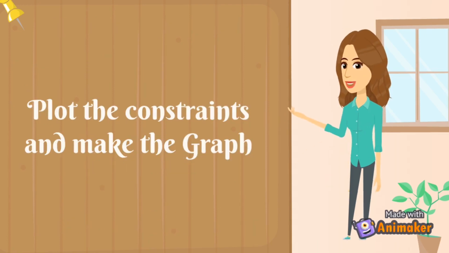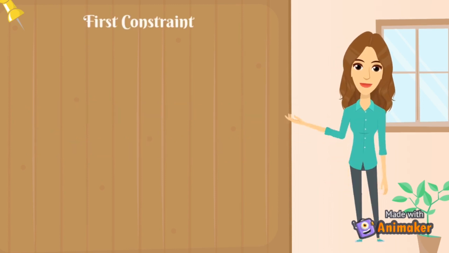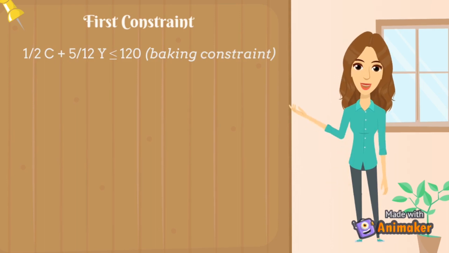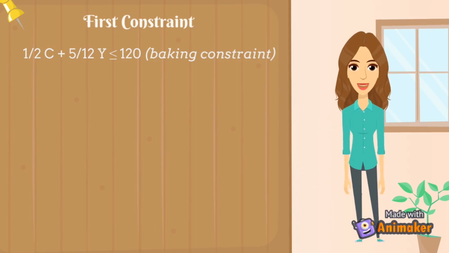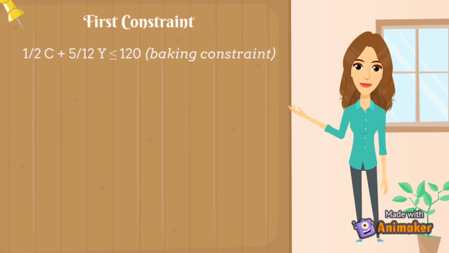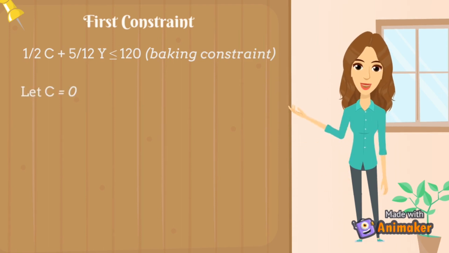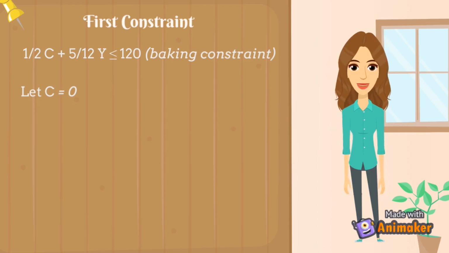Let us now plot the constraints and make the graph. For us to be able to draw the constraint line of constraint 1, we will assign values to c and y. First, we will get the value of y by setting the value of c to 0.